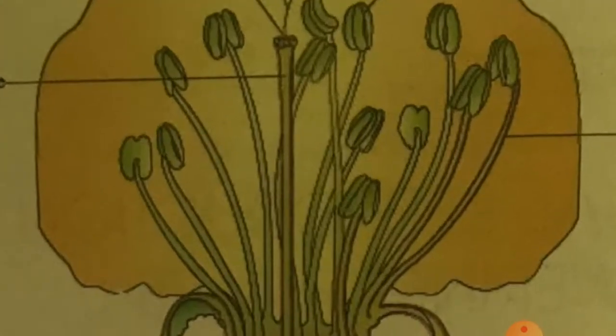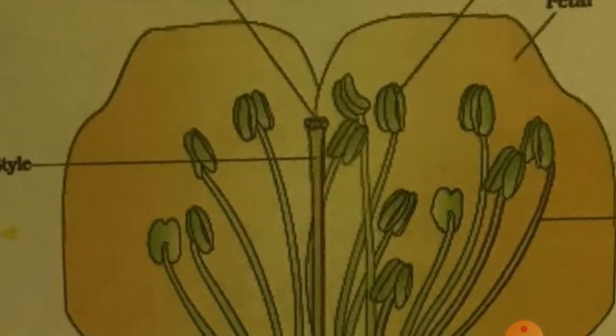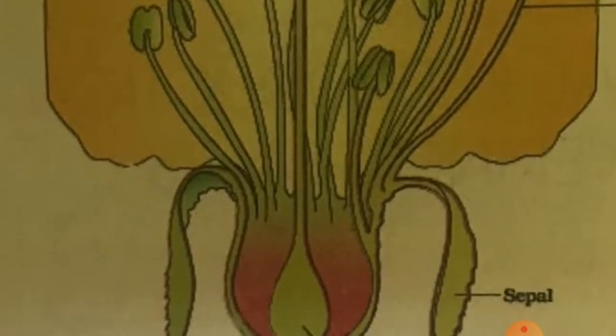You can see where petal is written, where sepal is written. These are the calyx and the corolla. What is a sepal? A sepal is the single individual leaf segment of the calyx. A whorl of sepals is known as calyx. They are essentially green in color, but in some cases they may be colored like the petals.